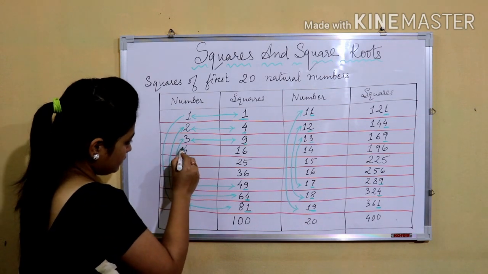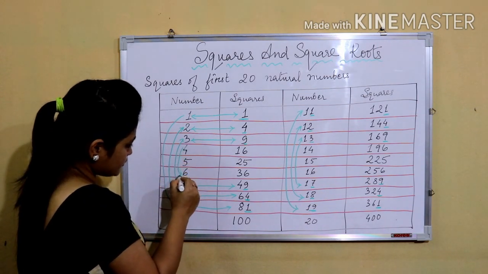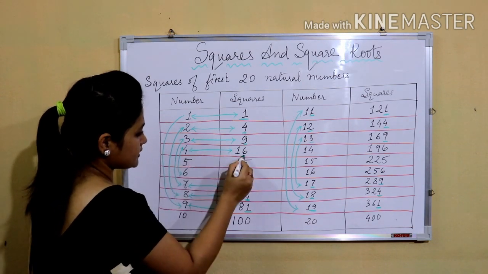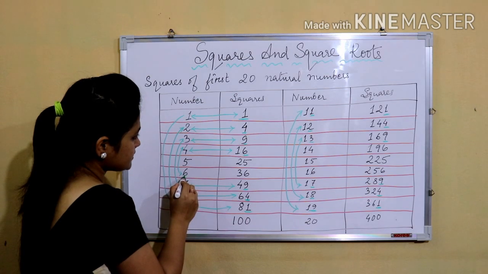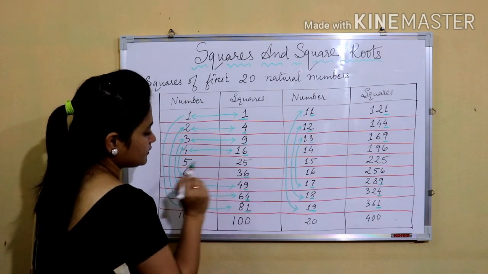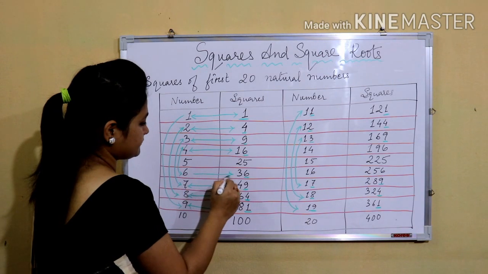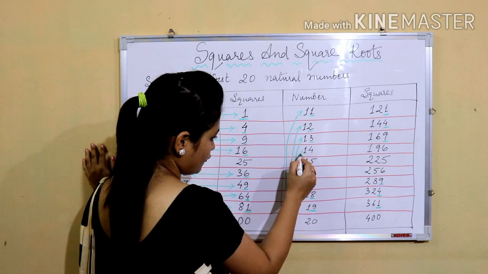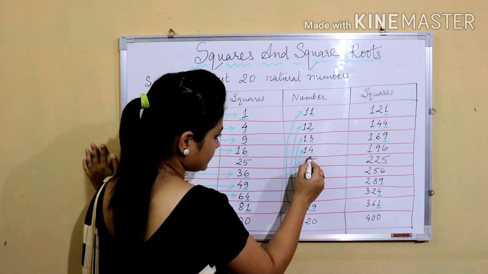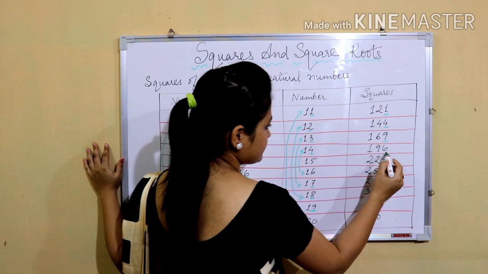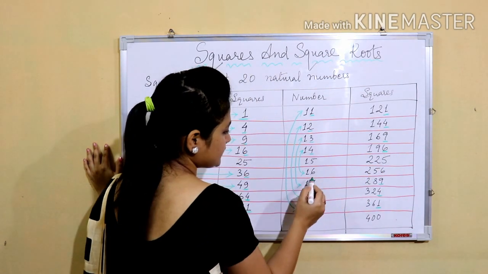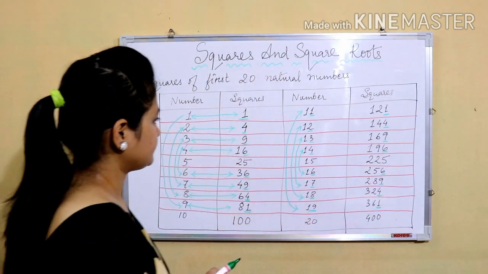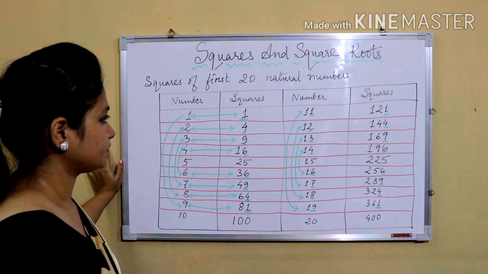Now 4 and 6, if you see, 4 square is 16, ends with 6. 6 square is 36, ends with 6. Same way, 14 square is 196 and 16 square is 256, both ending with 6.